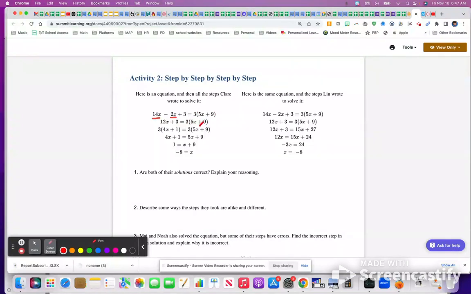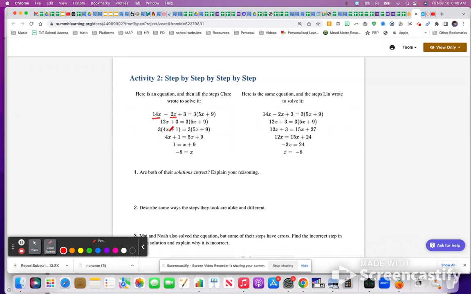Then, as we go down to the next one, she looked at 12x plus 3 and she said, that looks like there's a common factor. There's a number that I could divide out of both the 12x and the 3, and that number is 3.